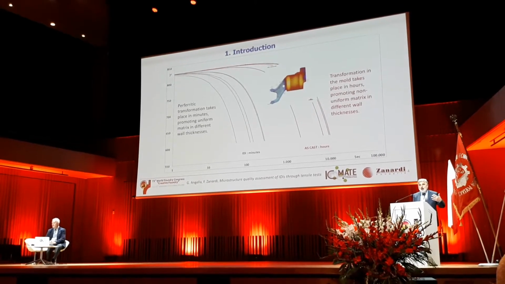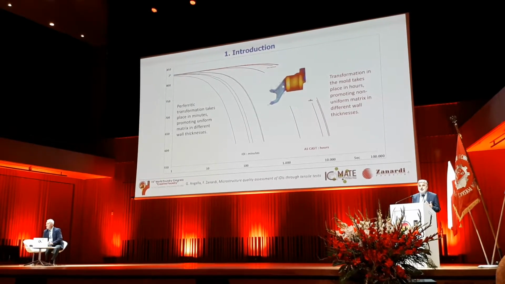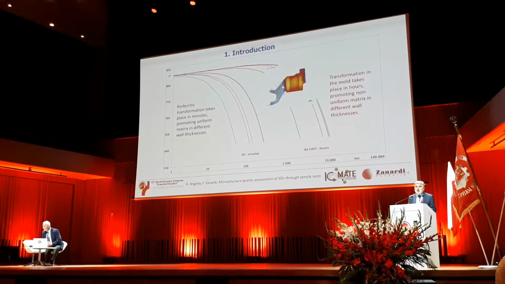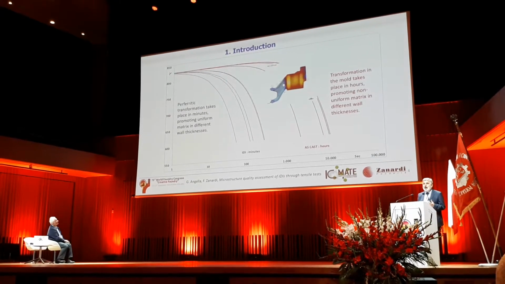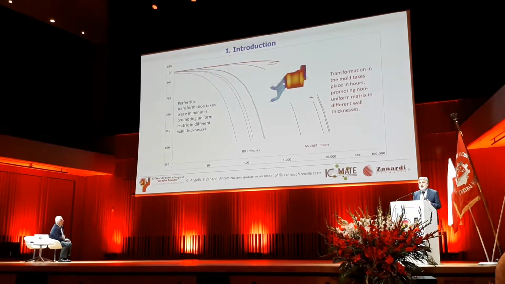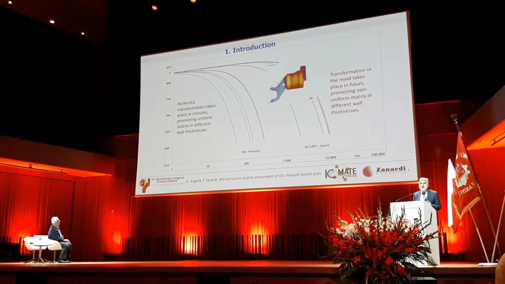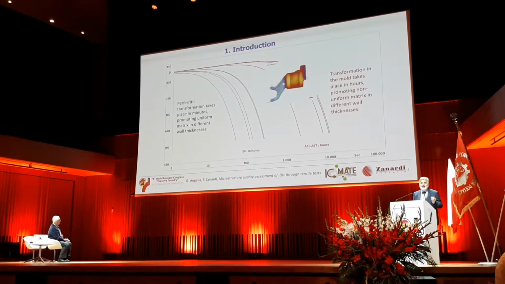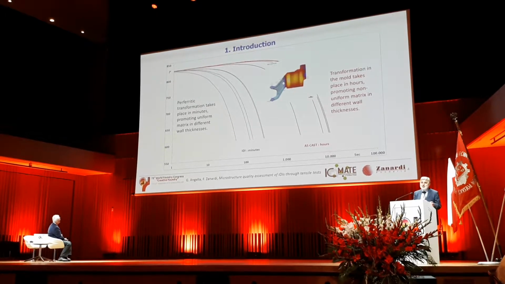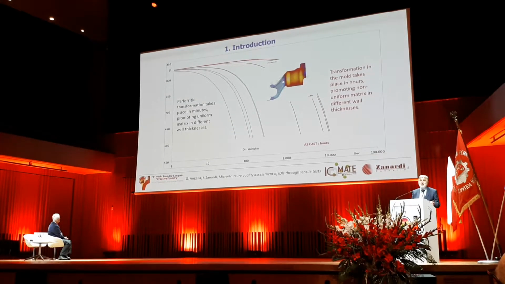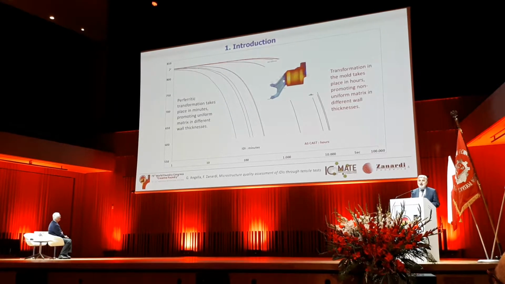However, when we are crossing the ferritic nose driven by the solid bath quenching, the eutectoid transformation happens in minutes. And so the difference between a 25 thickness and a 75 thickness is simply from 1 minute to 3 minutes, and not, as it happens in the mold, from 1 hour to 2 or 3 hours.